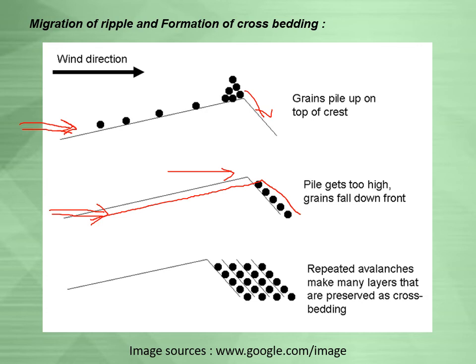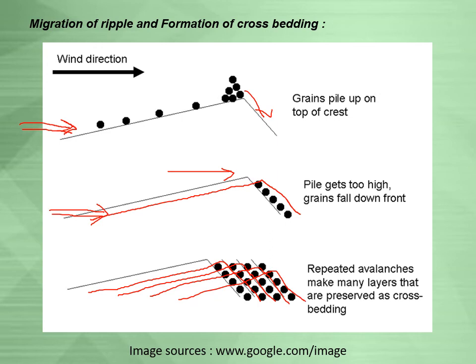So this way, from this initial condition, after erosion the ripple is formed like this, then again it is eroded and moved in the down current direction, and now it is oriented like that. Again it moves, and finally to that.